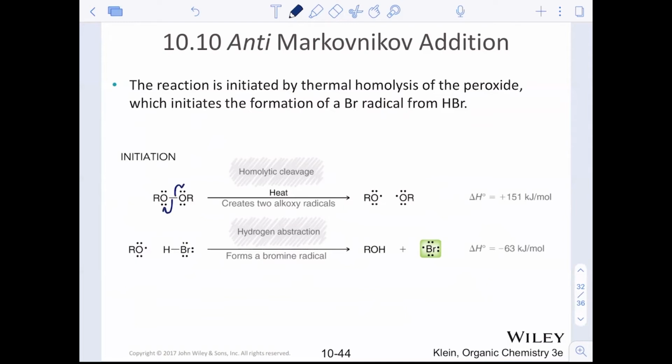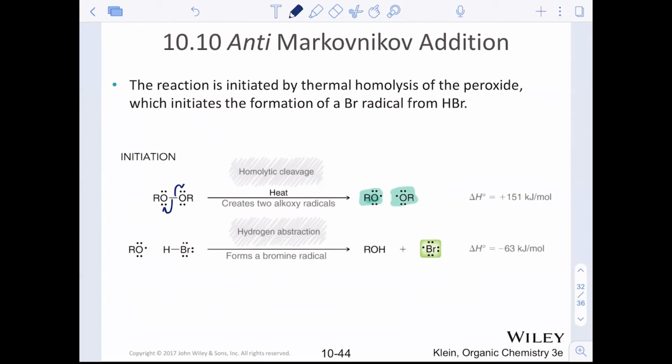Just in case I haven't mentioned, the arrow for that peroxide can either be on the top or on the bottom, right? So it doesn't matter where you start drawing your arrows. Either way is a-okay. But what this makes is 2 peroxide radicals.